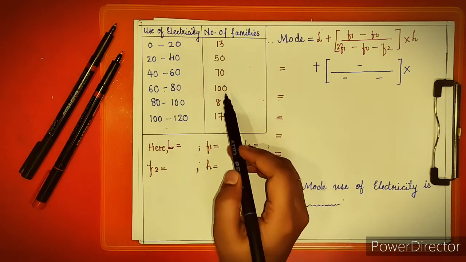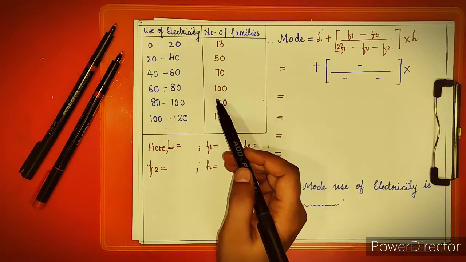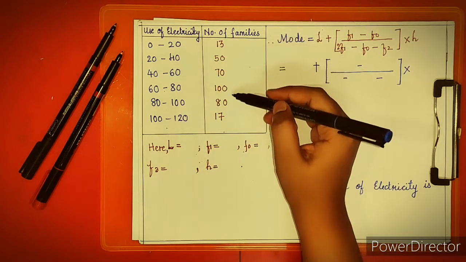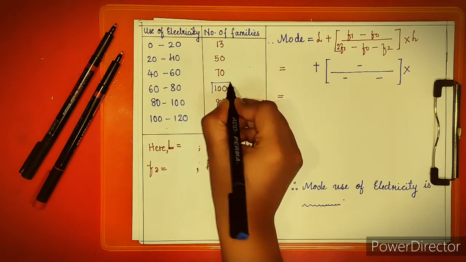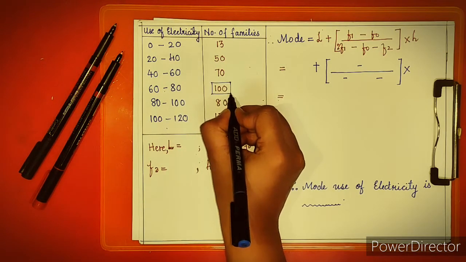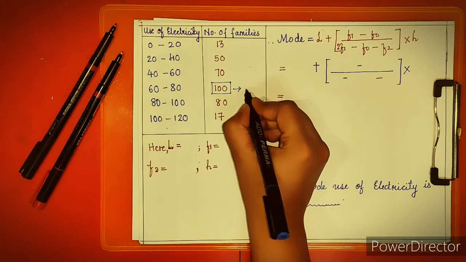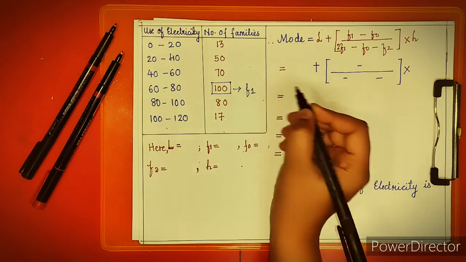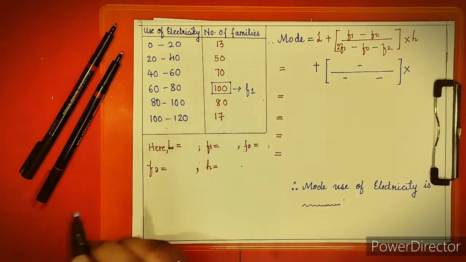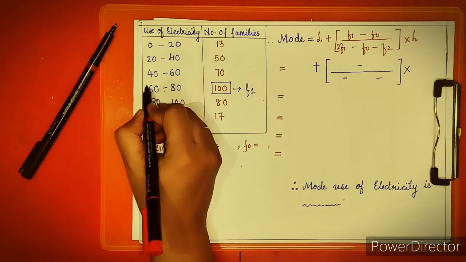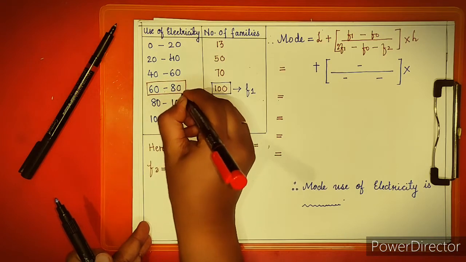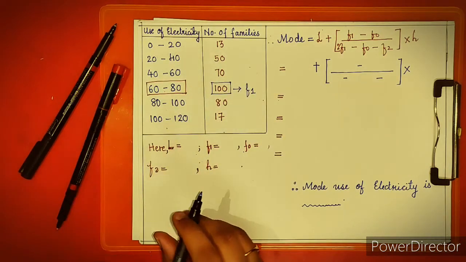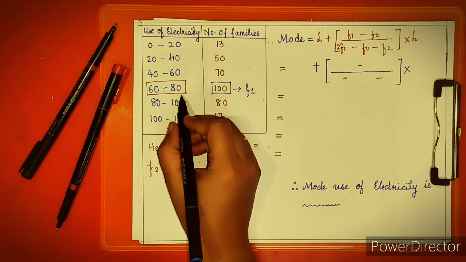It is given. So the first step here, to find the modal class, is to know which is the highest frequency. So here I can see 100, which is the highest among all other frequencies. So this becomes the frequency of my modal class. So my modal class is 60 to 80, where 60 is the lower limit and 80 is the upper limit.